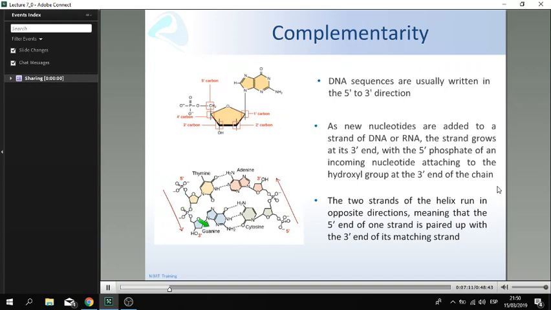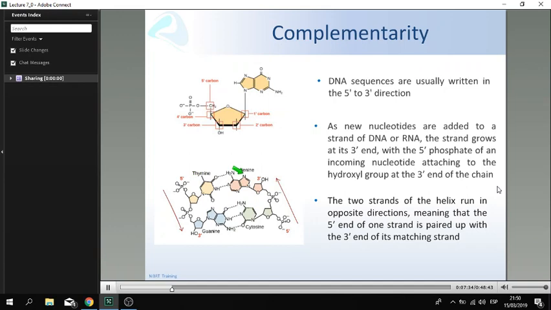So this is how we can write it then. We can write it in this 5' to 3' direction. So we can say we have thymine, then we have guanine, and then whatever is next. On the other side, because our DNA exists as a double helix, we have complementary pairs that bind to the left side, let's say.